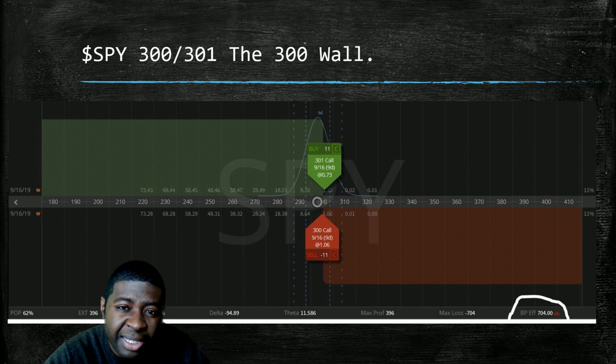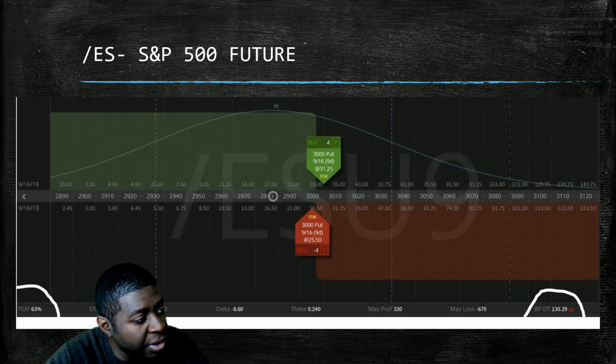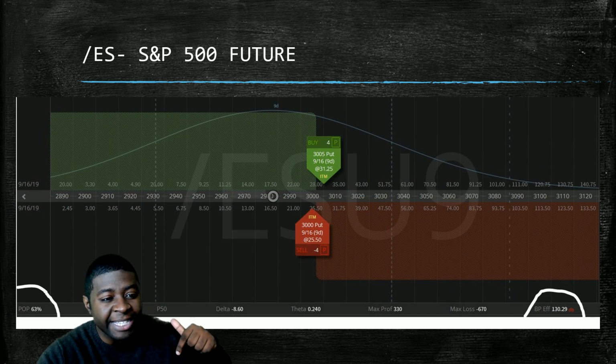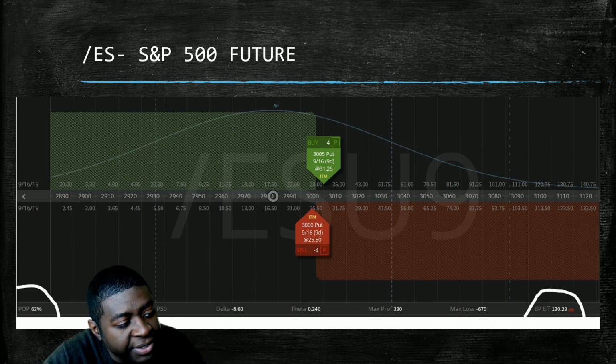Now let's look at the same trade using futures options. All right, so using futures options, we're going to sell basically the same thing, 300. And now this time we've got to sell because it's 5, right? So we're going by 5s when we talk about the ES because they're $5 wide. So we're going to go with the 3005, right, against the 3000.